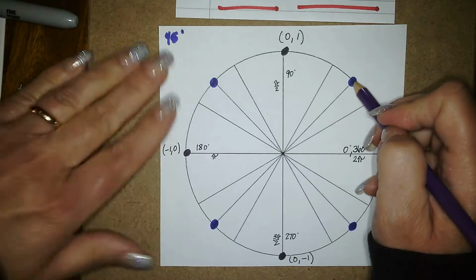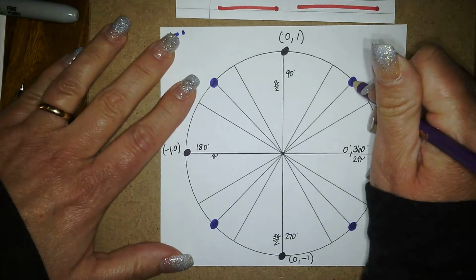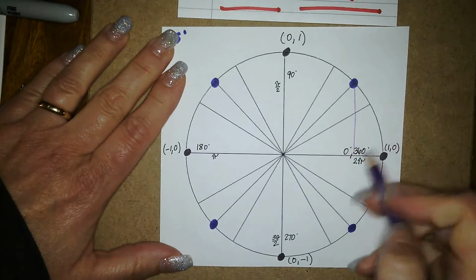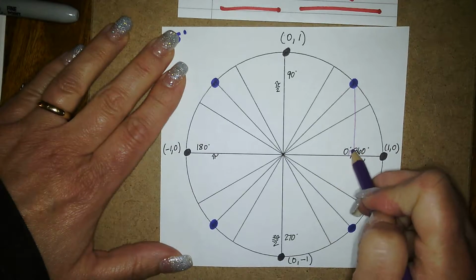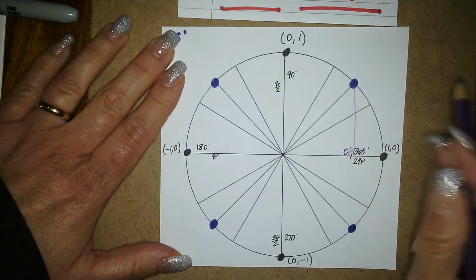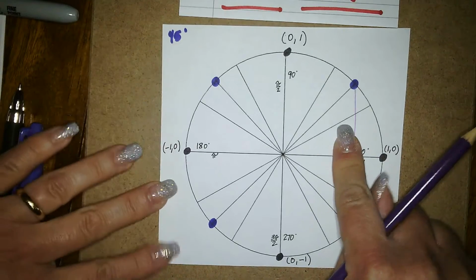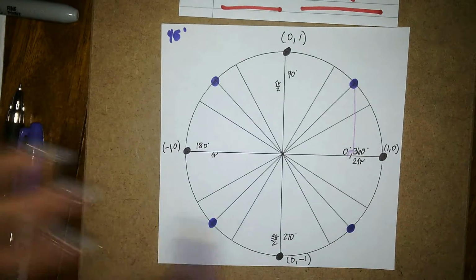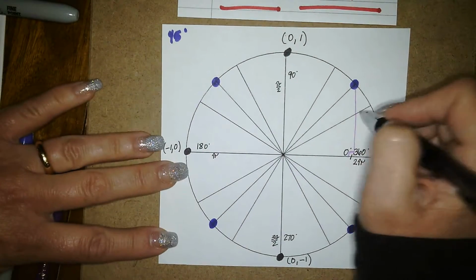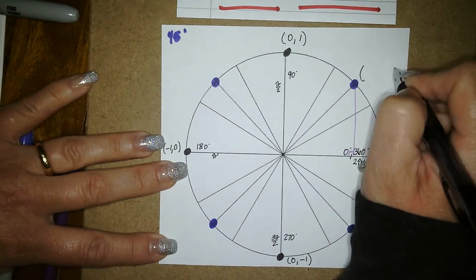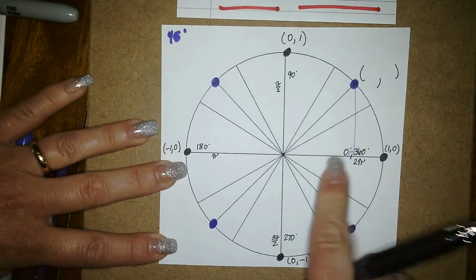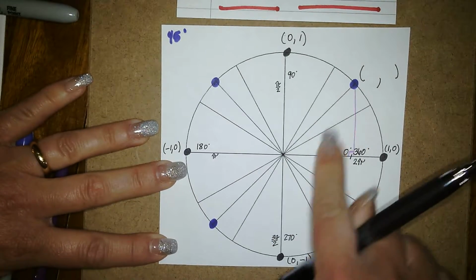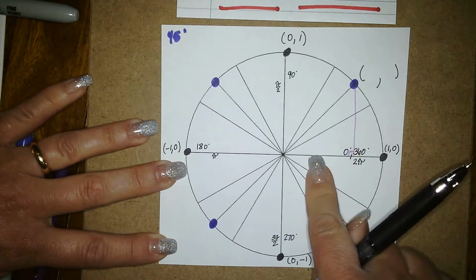We're going to, from this point right here, drop a perpendicular. So I'm making a right triangle, okay? And remember, this triangle is a 45, 45, 90 triangle. And so the coordinates of this point are going to be, because this is isosceles, the same, okay?